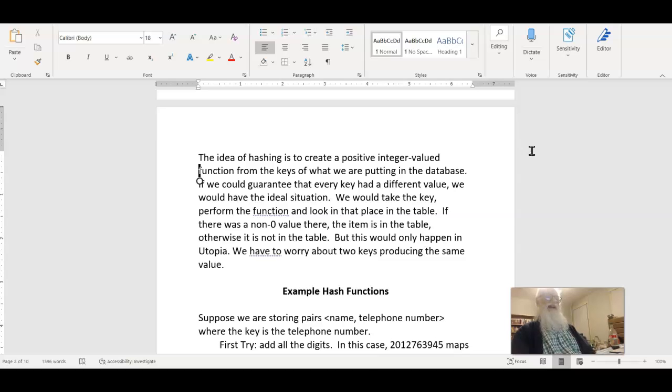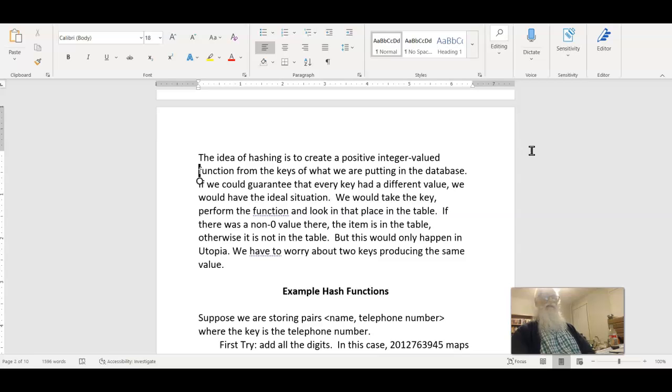And you're going to end up with a number, a positive integer. And you're going to take that number and you're going to go to a table that you've created, a huge storage area in memory. That's all I mean by a table. And you're going to put the value. If you're inserting, you're going to put the value there. If you're searching, you're going to see if there's a non-zero value there. And if it is, it's in the table. And if it isn't, it isn't in the table.